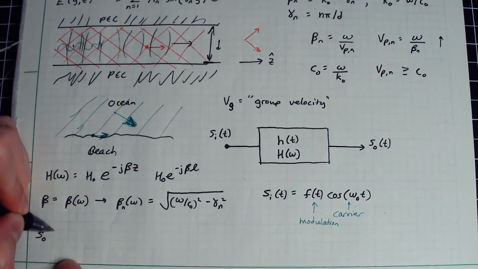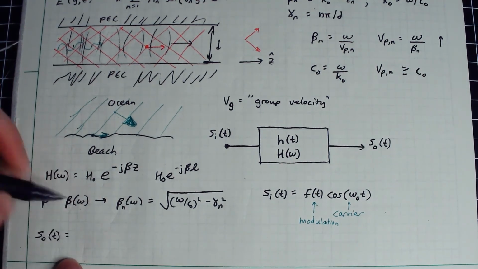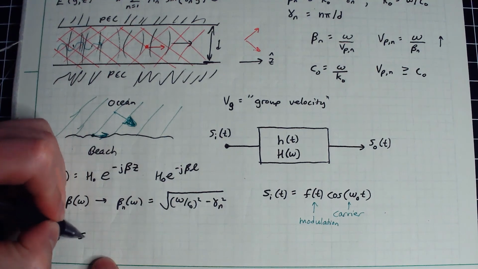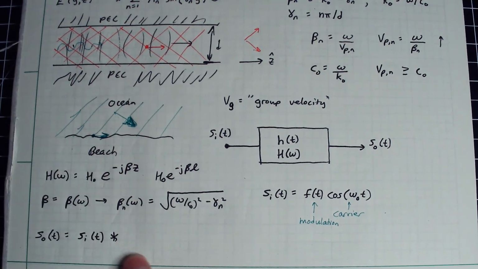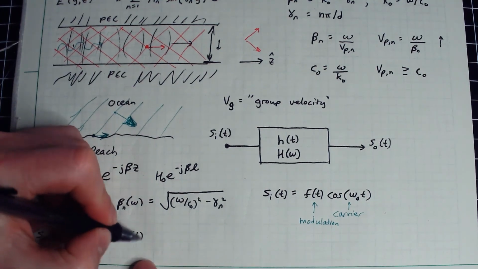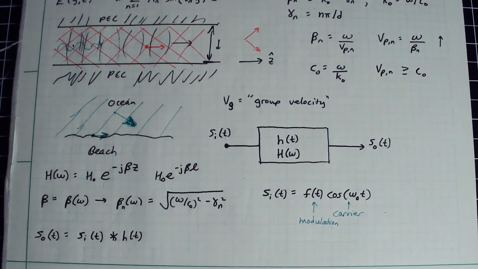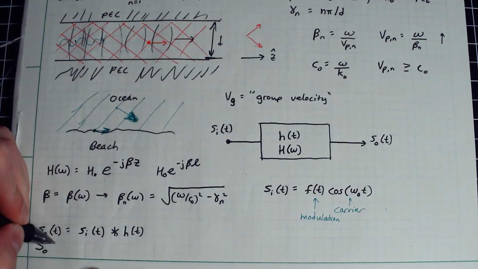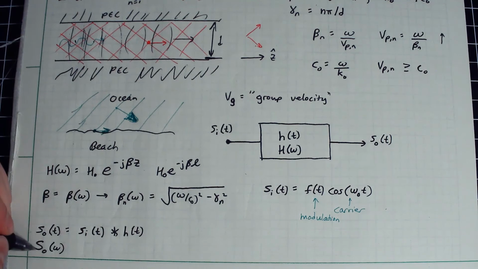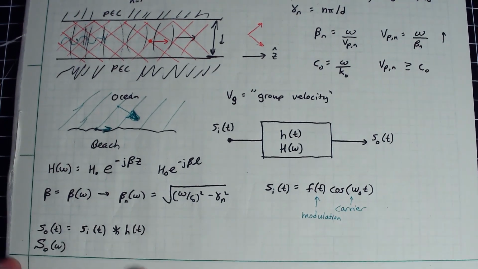From linear system theory, we know that S out of t is going to be S i of t convolved with the impulse response h of t. That's just how linear system theory works. And we're going to take the Fourier transform of this. So what you will then get is something like the following. S out of omega. So that's a capital S. So we've taken the Fourier transform of everything.